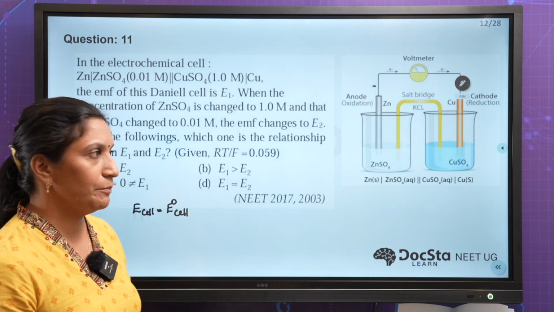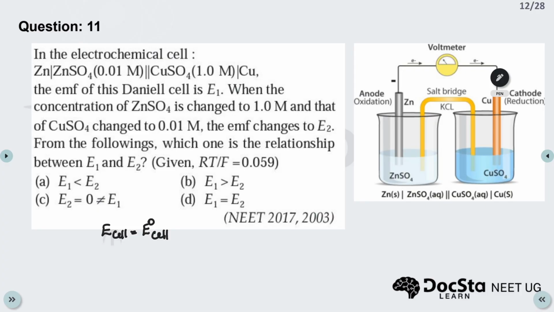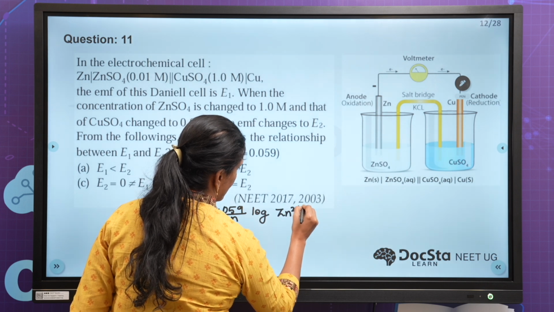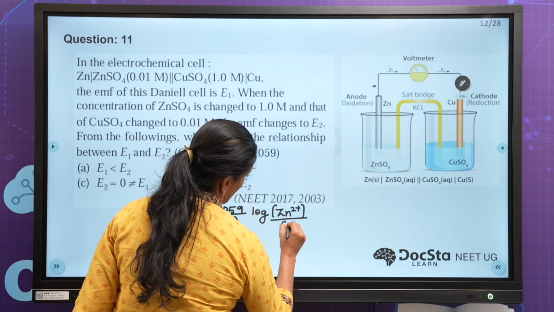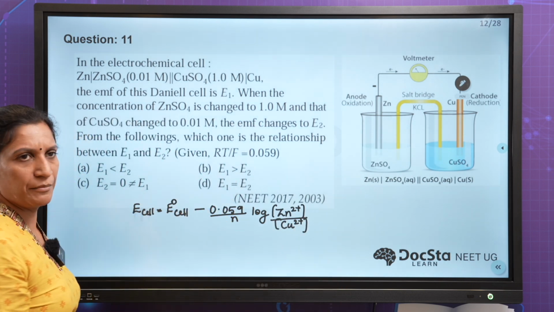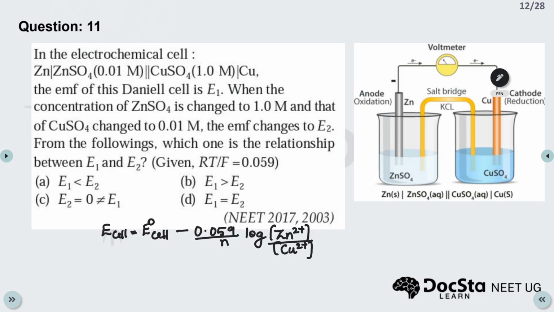So let us write E cell is equal to E0 cell minus 0.0591 by n log, here it's an electrochemical cell containing zinc and copper. So we write the Nernst equation as log of the concentration of Zn2 plus, the oxidized state, divided by the concentration of Cu2 plus. This is, in general, the Nernst equation for the above cell.